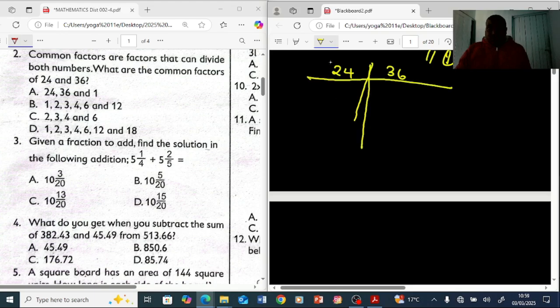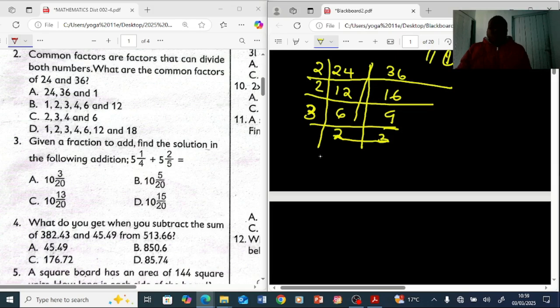So let's start with the 2 first. 2 here, 12, 18, 2, 2 here, 6, 9. Now the common divisor is 3, which is 2, 3. Now for up to here, there's no common factor.